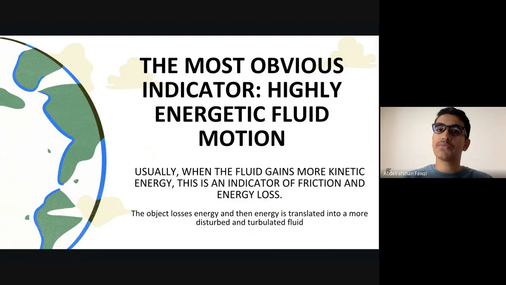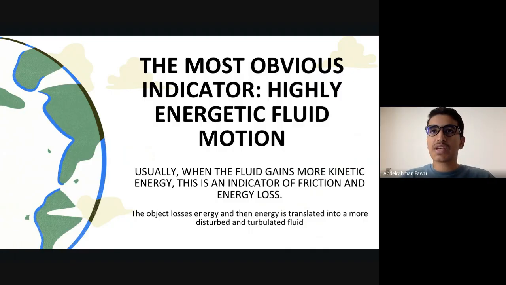For example, if you have a turbulent airflow, you would think that the airplane is going to face high friction and so on. That's actually true. But in most cases, when an object moves inside a fluid, you're going to have some turbulence. This turbulence is caused by the friction. So the friction is not caused by the turbulence, but the other way around.